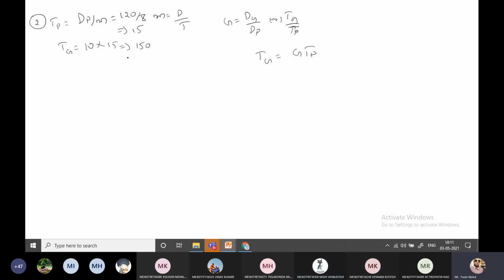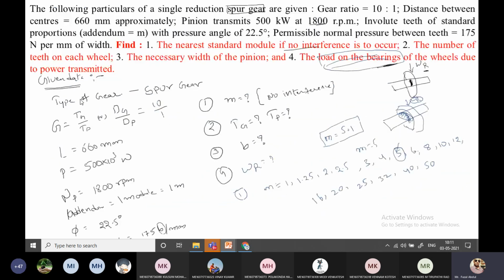So TG is 150. Now after this, the third question is the necessary width of the pinion. How much is the width of the pinion? To calculate this, the question itself gives the information. See the question.